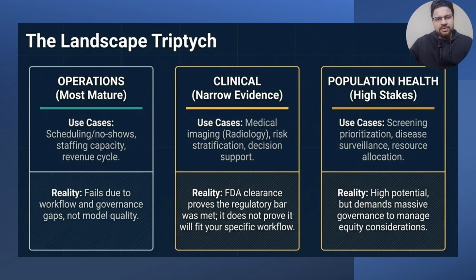Here, you will often see FDA clearance or strong research evidence, but that still doesn't guarantee the tool will fit your organization's workflow. The third bucket is population health, where AI can support screening prioritization, disease surveillance, and resource allocation. These systems have enormous potential, but they also come with higher governance and equity considerations.